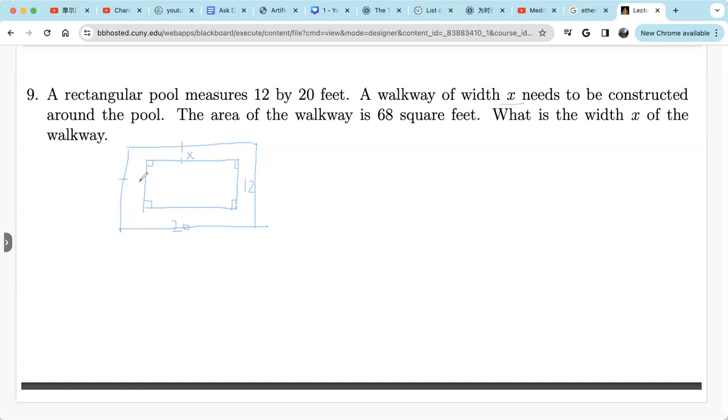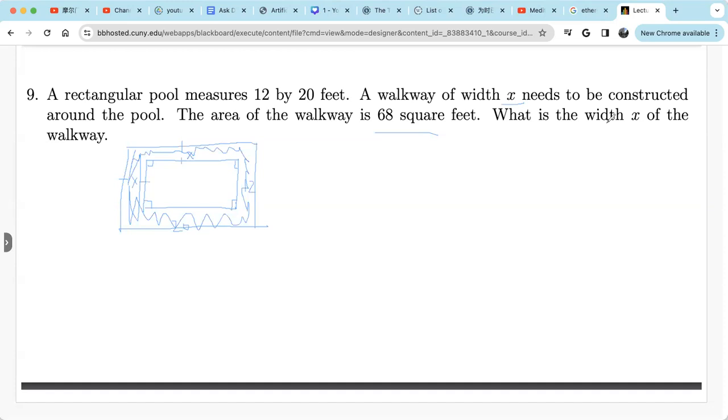From here to here, that's x. So those are the walkway, where people walk around the pool. We just know it's x, but we know the walkway area is 68 square feet. This is given. So this is asking, what is the width x of the walkway?